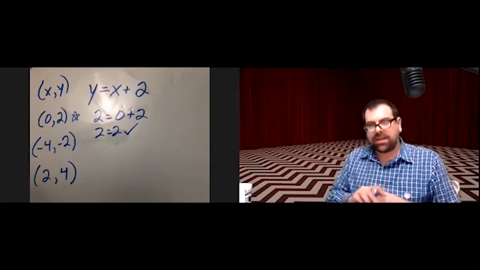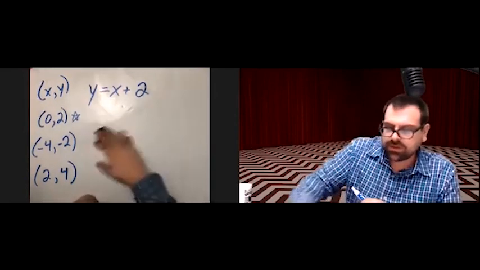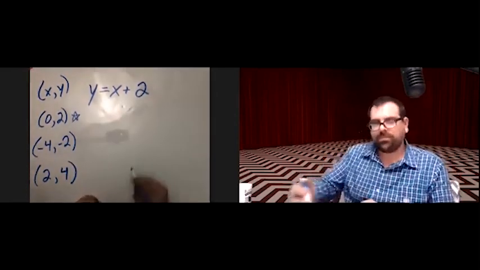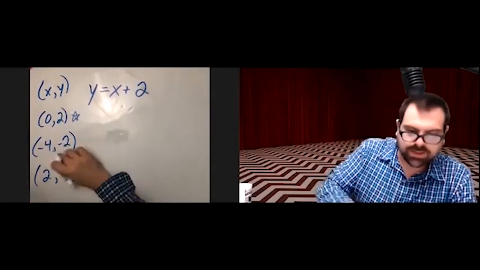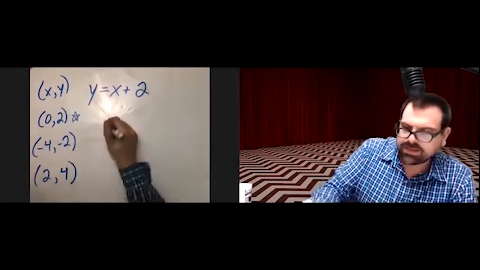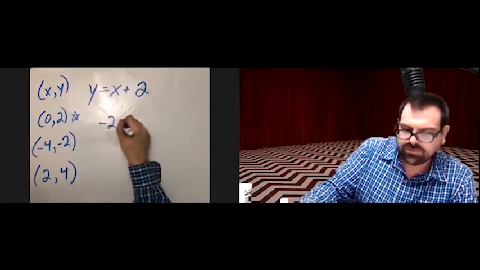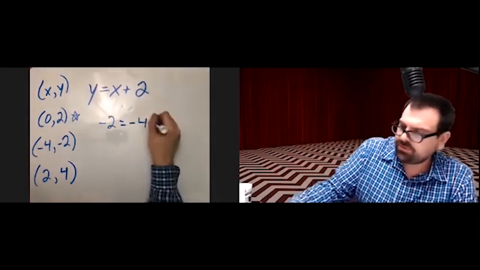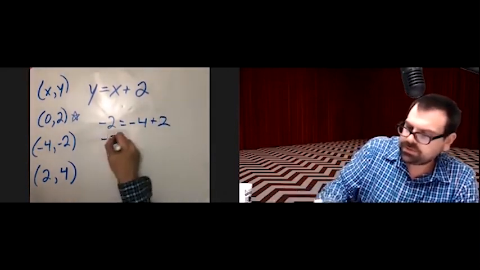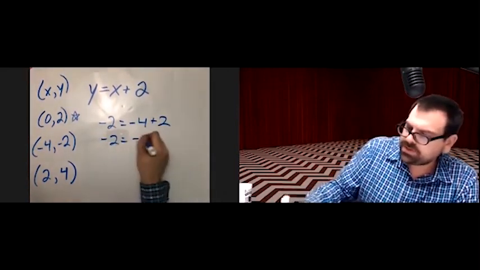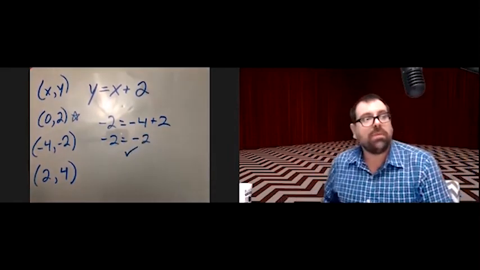Let's test the second one. X is -4, y is -2. So -2 equals -4 plus 2. -4 plus 2 is -2. Boom, that one checks too.